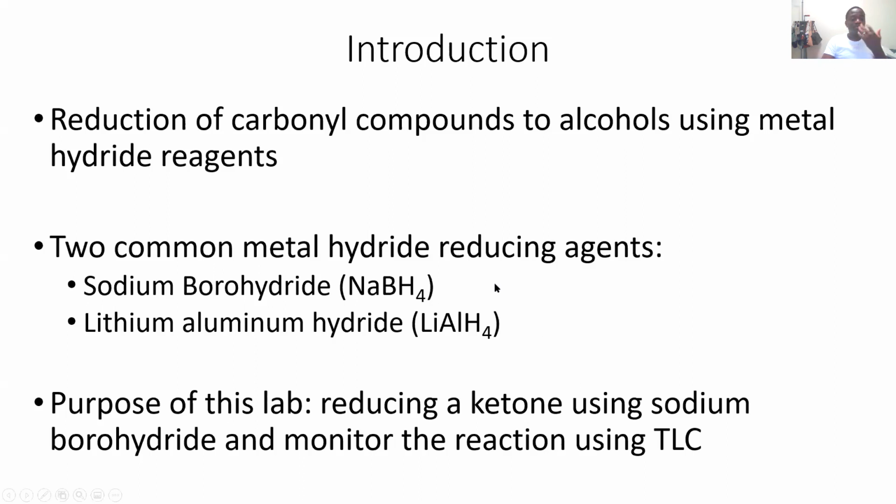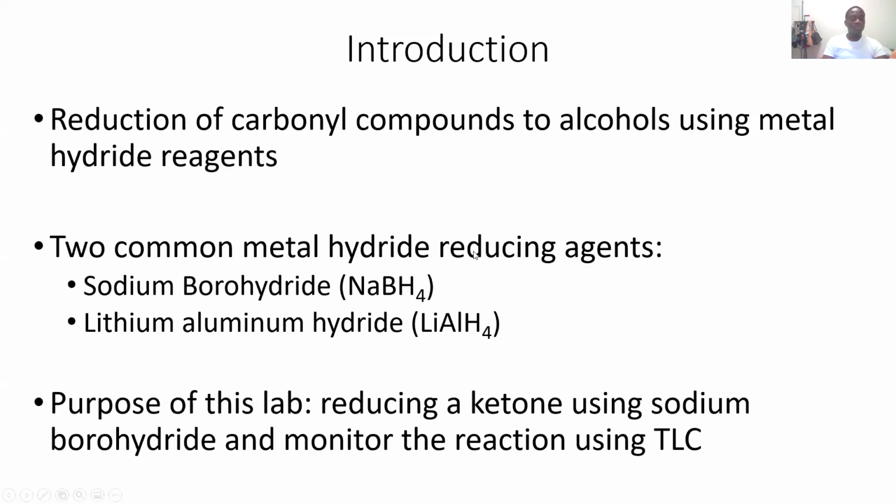Carbonyl compounds are compounds with a C double bond O. Whenever you're doing reductions on a carbonyl compound, you're converting it into an alcohol of some sort using a metal hydride reagent.